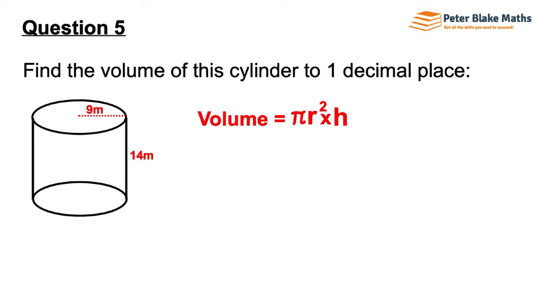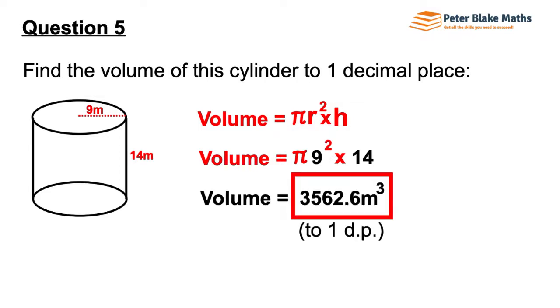Volume formula for a cylinder is pi r squared h, with r being the radius and h being the height. You can see we've got a radius of 9 and a height of 14, so we'll substitute that in straight underneath.